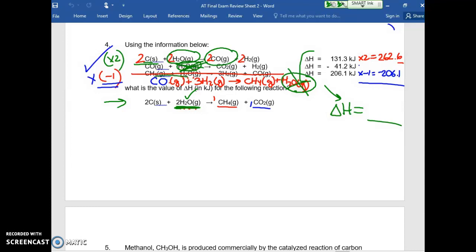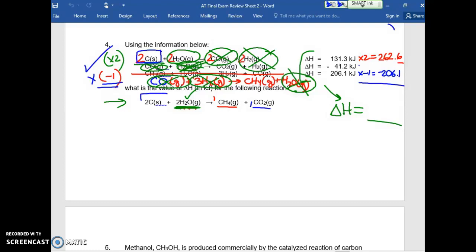And fortunately, I have a CO2 gas and a CO2 gas. These two CO2 gases cancel those two CO2 gases. What else cancels out? Ooh, spicy. I have 3 H2 gases on the reactant and 2 + 3 H2O gases on the product. Those cancel out.